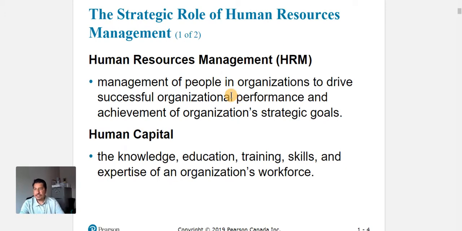The basics of human resource management. From the definition, you see that it is managing human resources in organizations to drive successful organizational performance and achievement of the organization's strategic goals. Human capital is an asset: the knowledge, education, training, skills, and expertise of an organization's workforce.